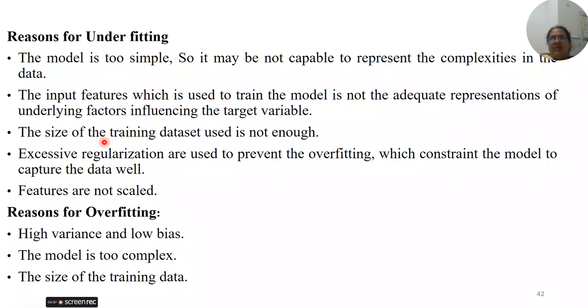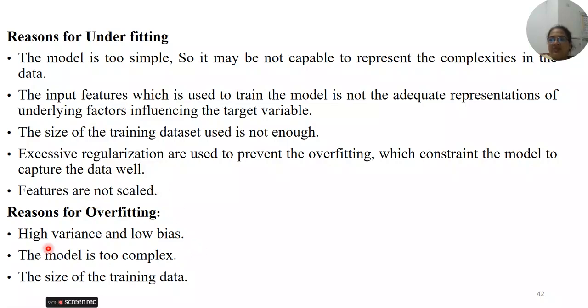If we want to make a student ready for exams but don't give proper training, the size of the training is very small, and that also causes the model to be underfitted. Excessive regularization used to prevent overfitting constrains the model from capturing the data well. And the features are not scaled: if the features are not on the same scale, they have different scales, and at that time also the model does not get the training well, and it may cause underfitting.